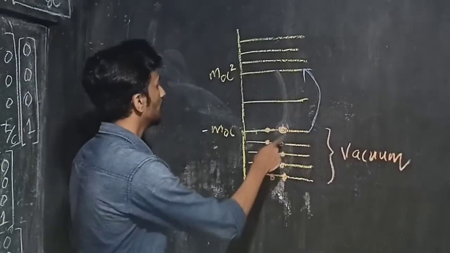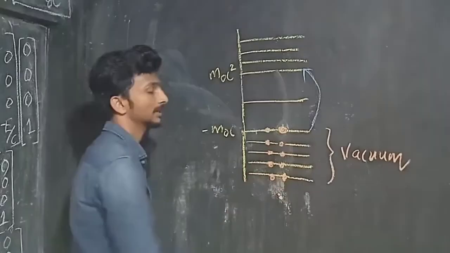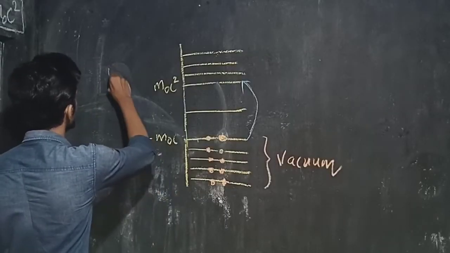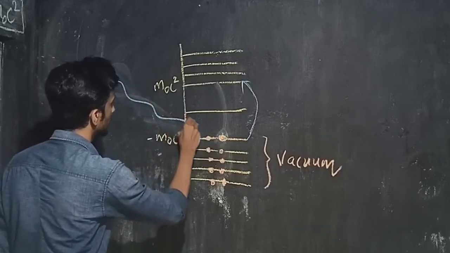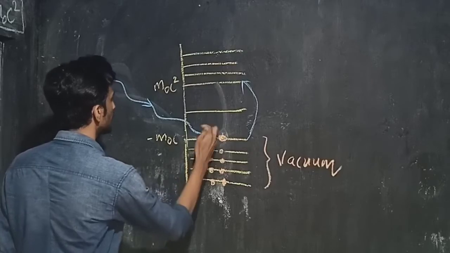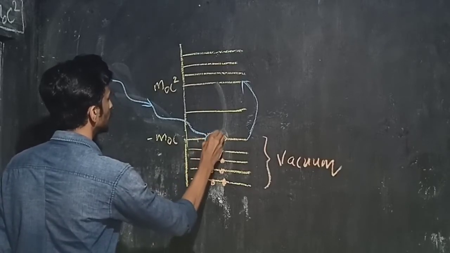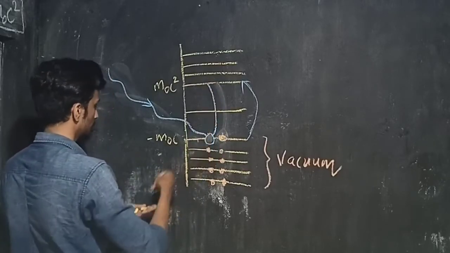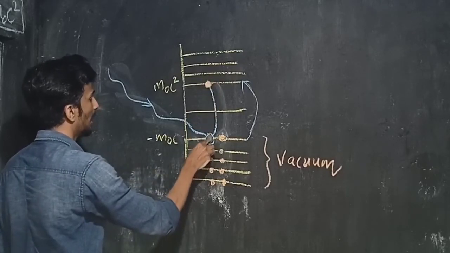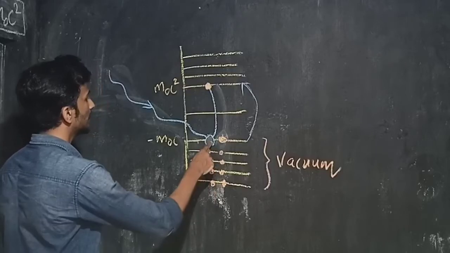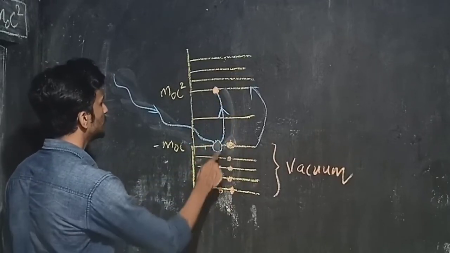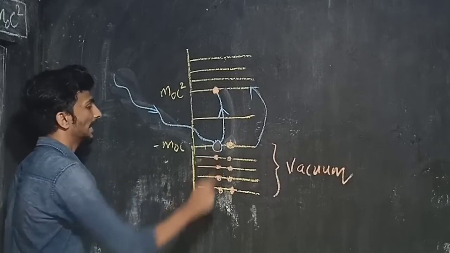How can we supply some amount of energy to these electrons in these negative energy states? We can use gamma rays. So it is possible for gamma rays to excite electrons in this negative energy state to the positive energy states, leaving a vacancy in the old position. Now the electron here is at the positive energy state, and this vacancy or hole is called an antiparticle.